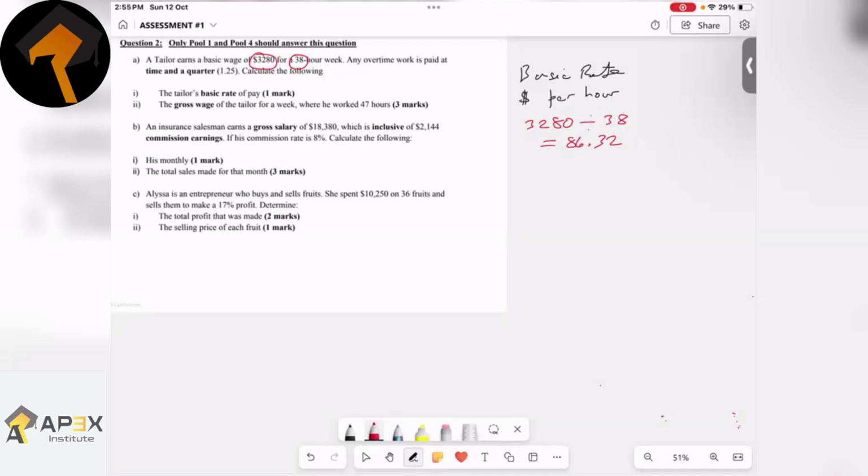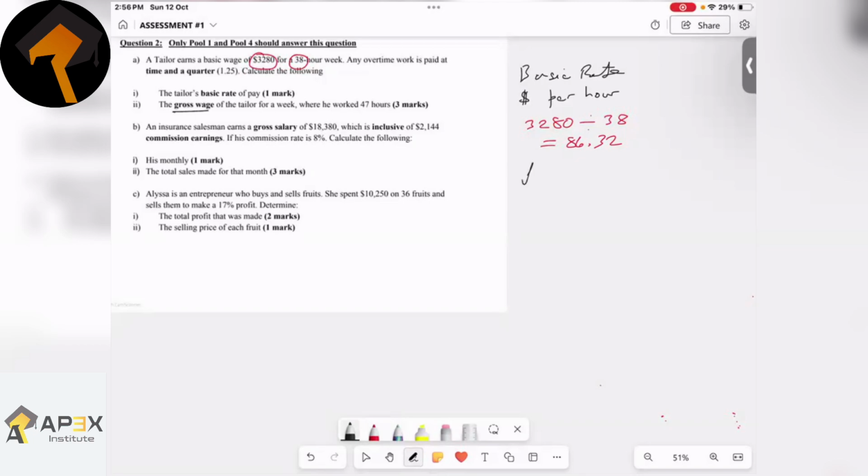And if you're unable to comprehend the question, even when the math is easy to calculate, you're going to get it incorrect because comprehension is correlated to your computation skills. All right. So hopefully you guys understand that. Next question then. Gross wage.